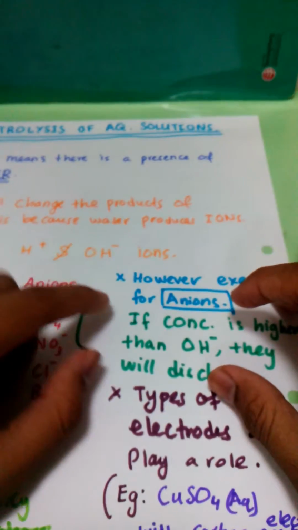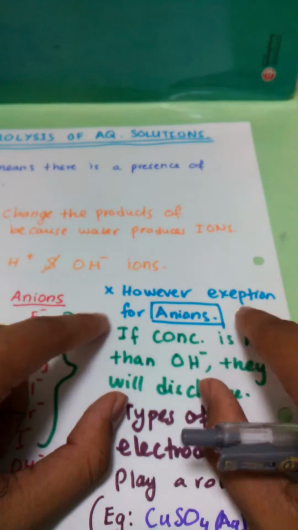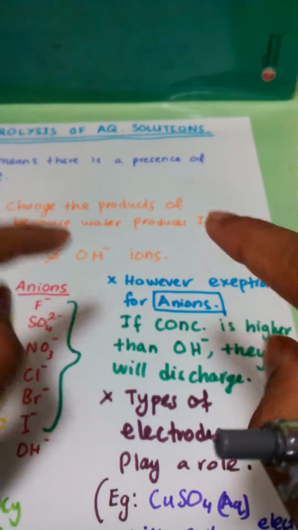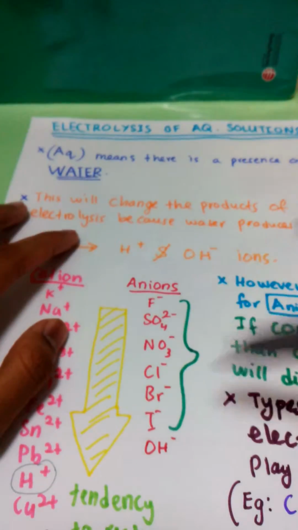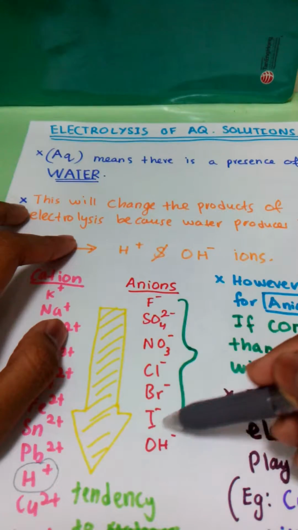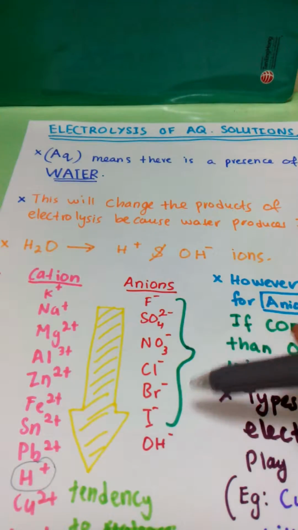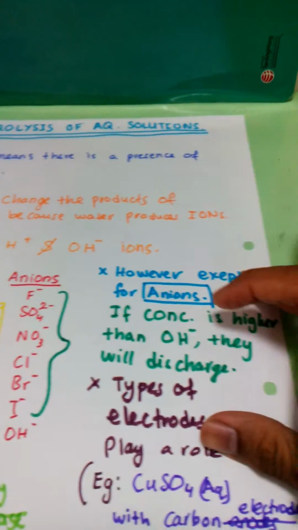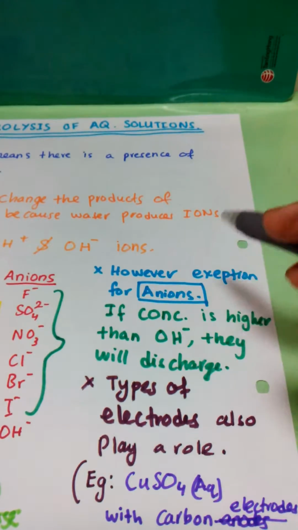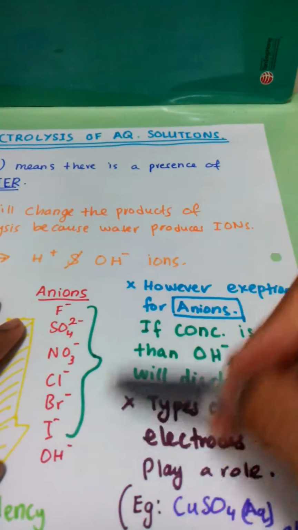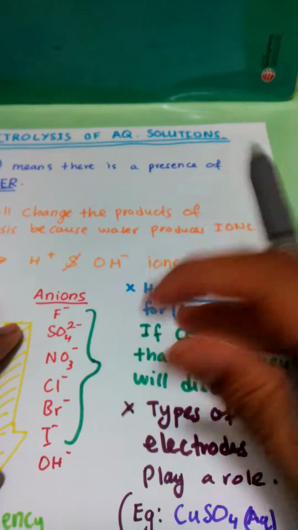However, the exception for anions is if any of these anions are more concentrated than OH, then they will discharge.